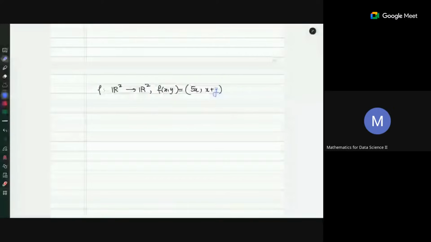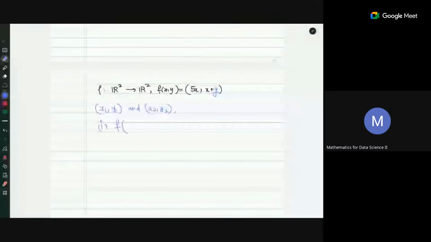So let's check one by one. The first condition: let's take two vectors. In R2 they look like (x1, y1) and (x2, y2). Now we first check the linearity condition for addition.